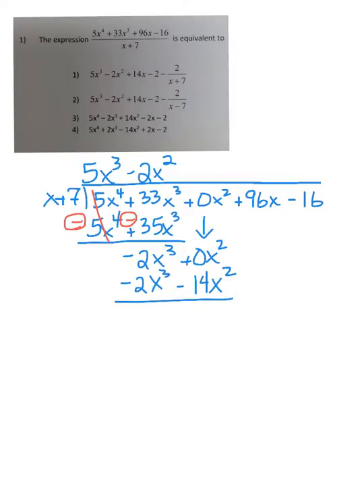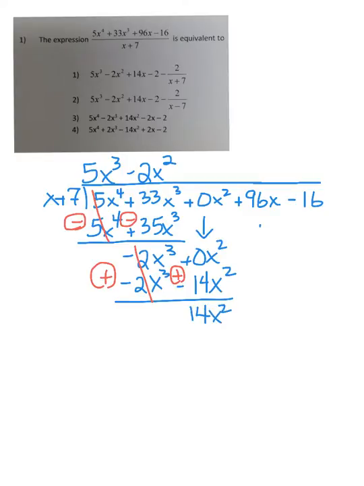So now remember, we're going to be changing the signs and circle, change and circle. And my negative 2x cubes are going to cancel out. Then I'm going to add, and I'm going to get 14x squared.